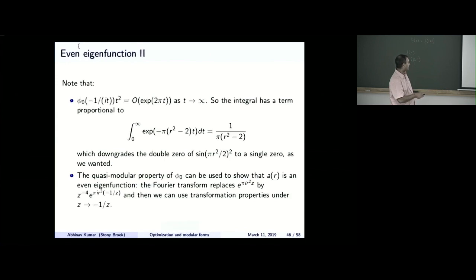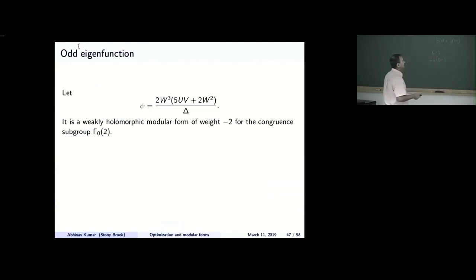And then the modularity property tells you that basically what you're doing when you do the Fourier transform is replacing this by z to the minus 4 times e to the i pi r squared times minus 1 over z. And the 4 is d over 2. That's where dimension is coming in. Then you use the transformation properties under this, and the fact that it's quasi-modular tells you it's doing something reasonable under the Fourier transform. That's what you use to show that the Fourier transform has the right property.